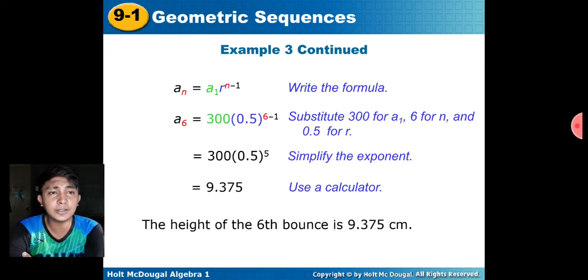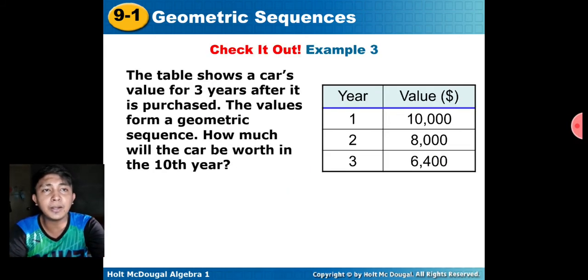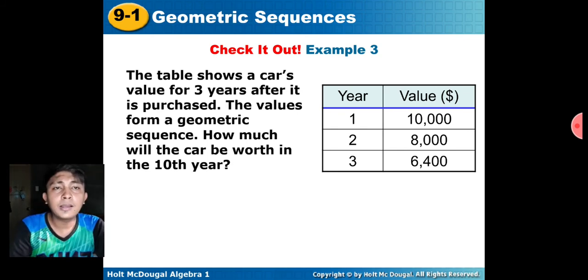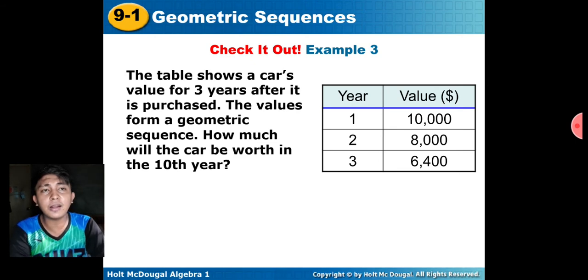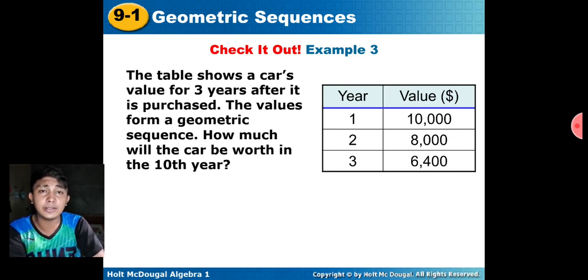Okay, so we have now the next problem. The table shows a car's value for 3 years after it is purchased. The values form a geometric sequence. How much will the car be worth in the 10th year? The value for the first year is $10,000, second year is 8,000 and the third year is 6,400.